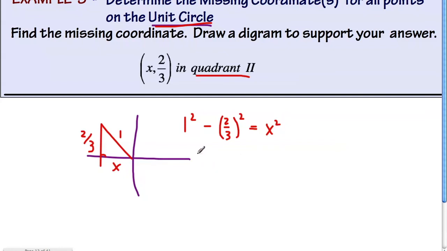We know 1 squared is 1, minus 2 over 3 squared is 4 over 9, because 2 times 2 is 4, and 3 times 3 is 9. And then we got to make this into a common denominator with 9. See, this is 1, and this has got a 9. So 9 over 9 is the same thing as 1. But now it has the common denominator, which I'm looking for.